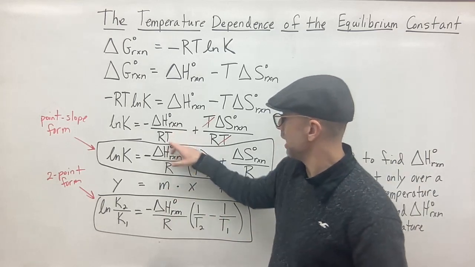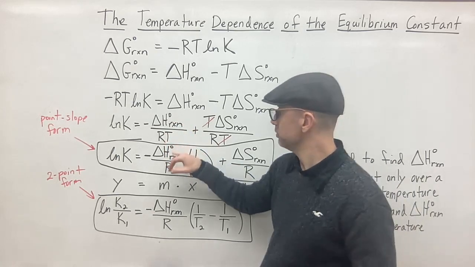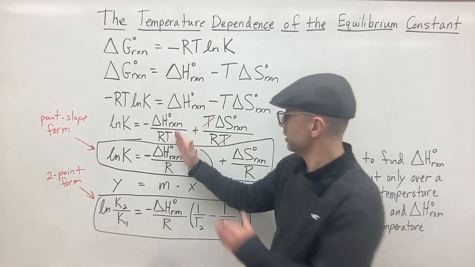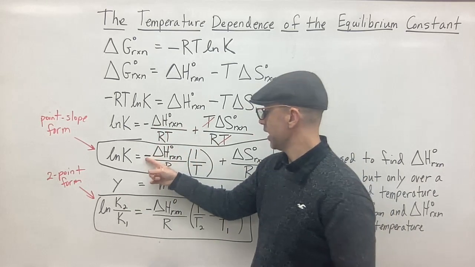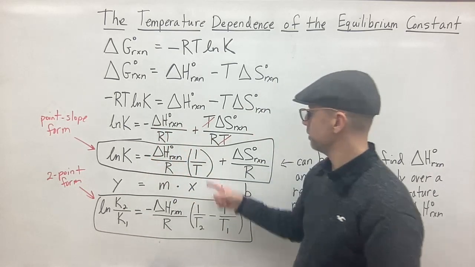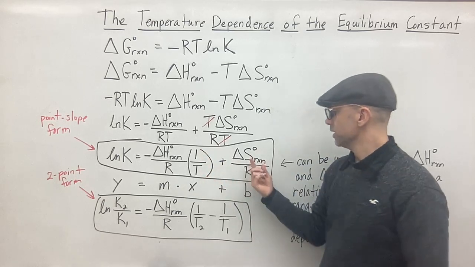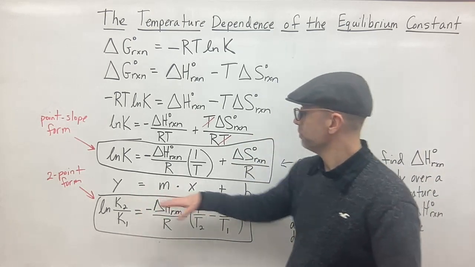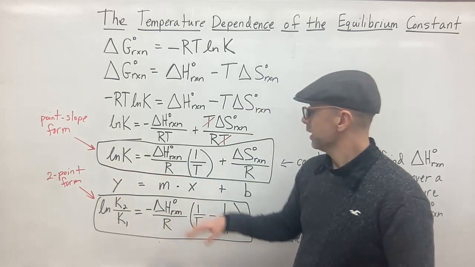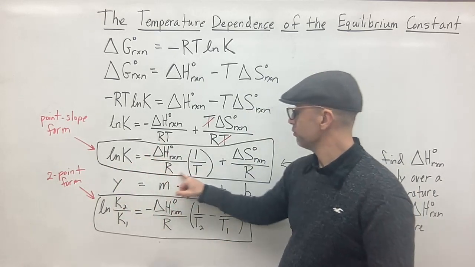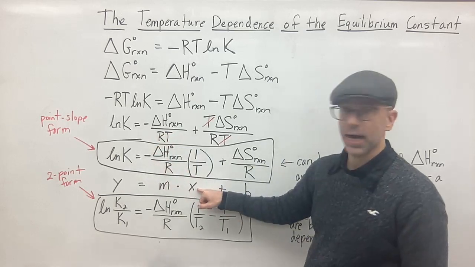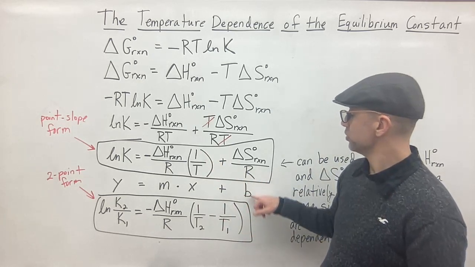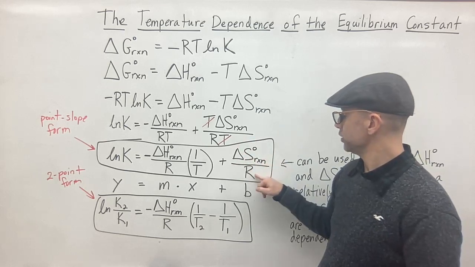If I bring this T out, I have 1 over T, so there's my 1 over T. So I have the negative delta H of the reaction over R multiplied by 1 over T, and then plus the delta S of the reaction over R. And so you can see that it's in the point slope form where Y is my ln of K. The slope is going to be the negative delta H of the reaction over R. My X value is going to be 1 over T. And my Y-intercept is going to be delta S reaction over R.